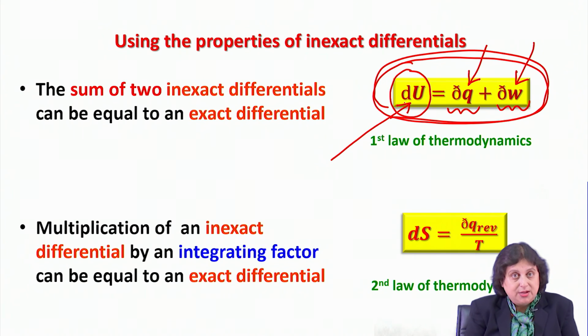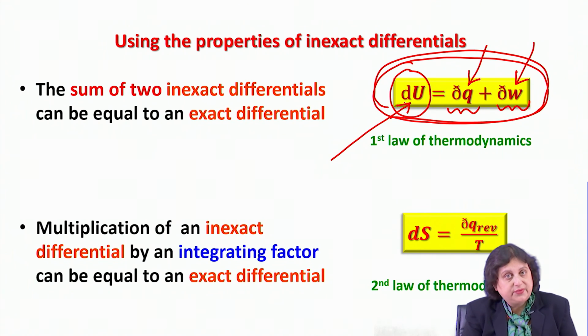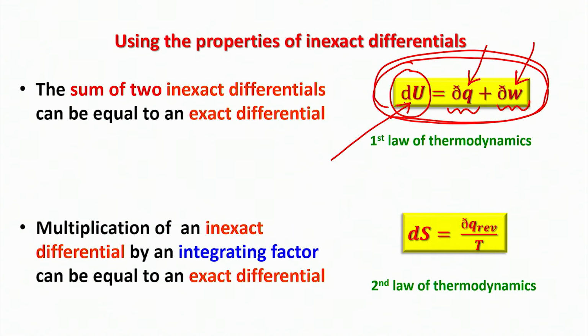Therefore, Q and W are ideal candidates whereby dQ and dW will be inexact differentials. But as we have already demonstrated, this is mathematically feasible because the sum of two inexact differentials can indeed be equal to an exact differential.